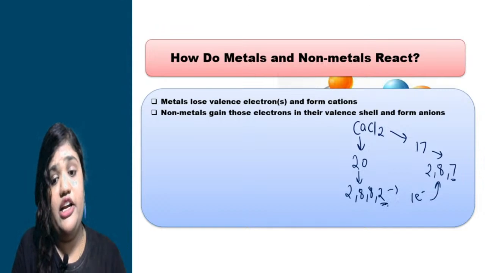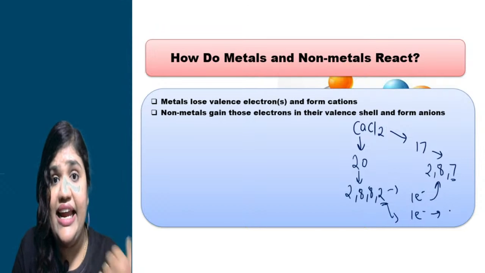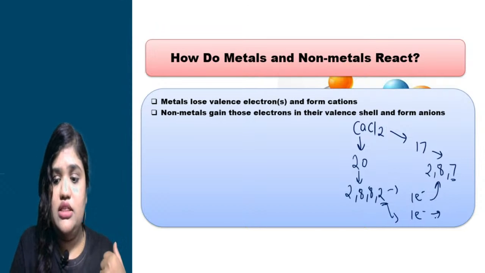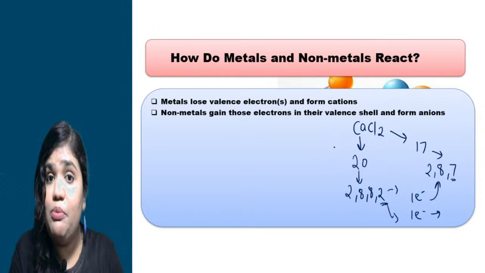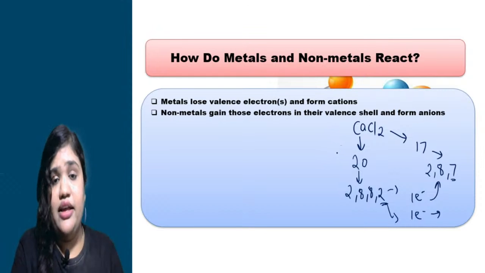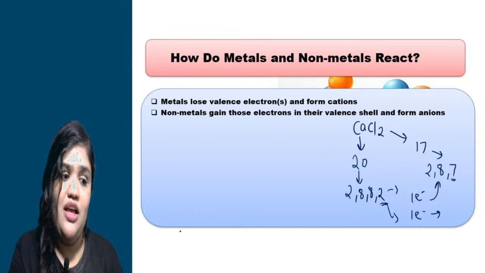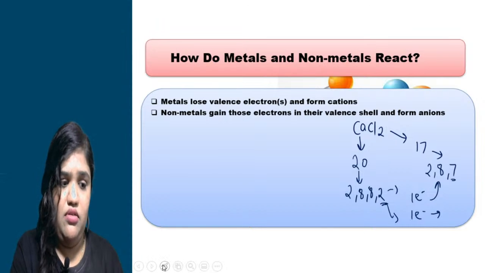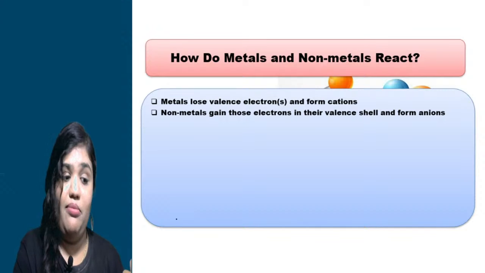So again it will donate another 1 electron to the second chlorine atom. In this way there is a formation of ionic bond between them, and in this way metals and non-metals react with each other. So I hope in easy language you understood how metals react with non-metals, right?